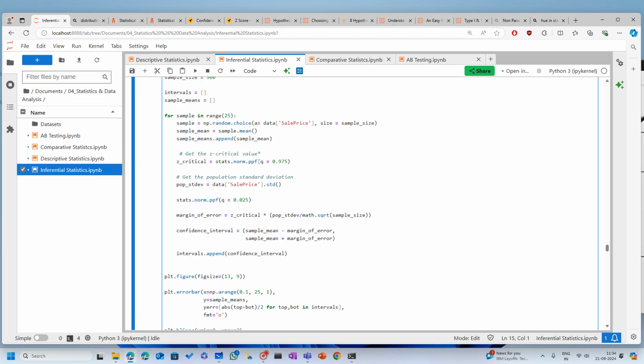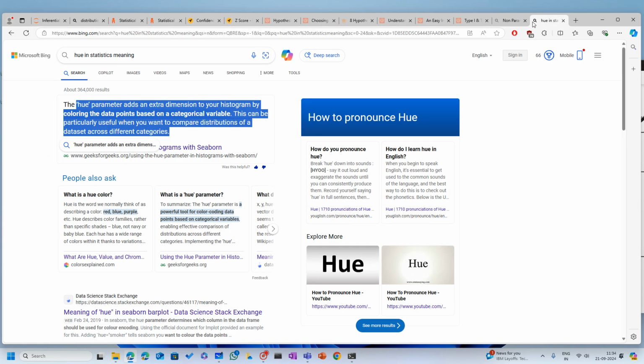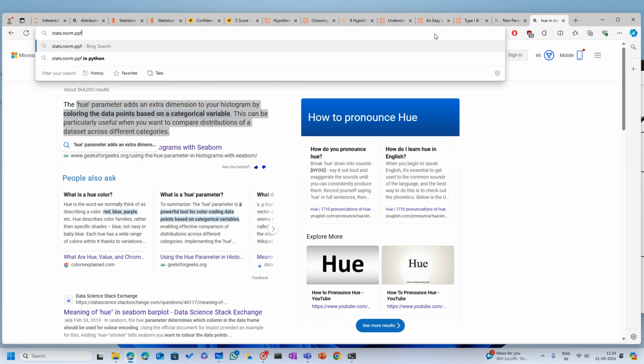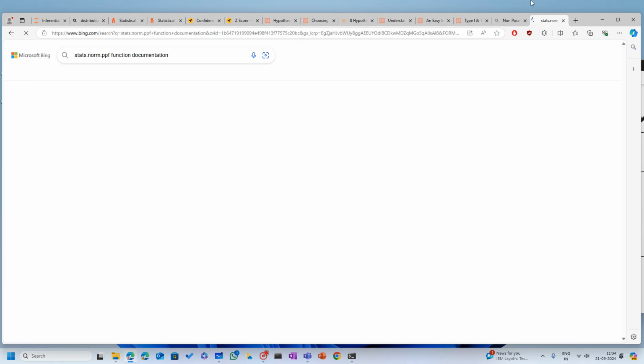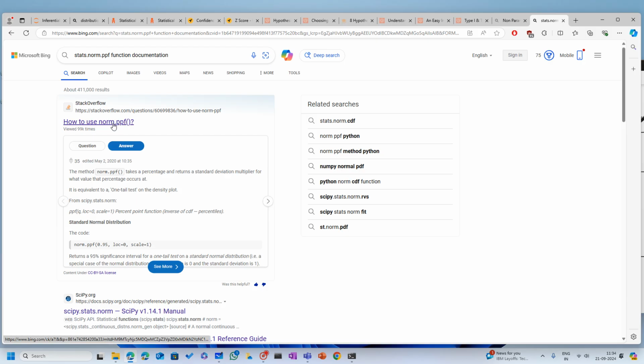Now if you want to understand what this stats.norm.ppf function is, you can just check. You have a complete manual for this.